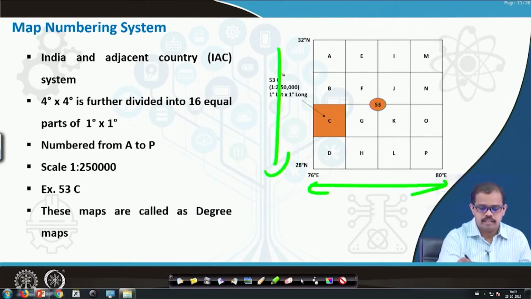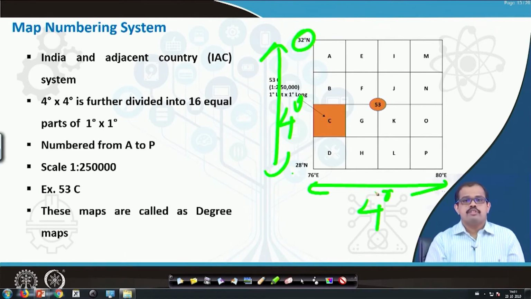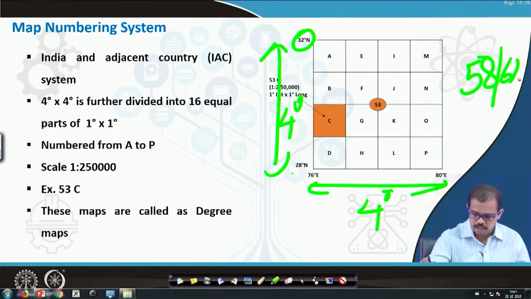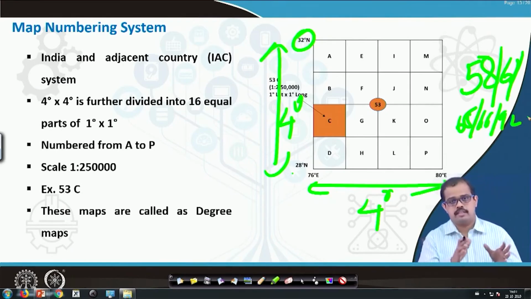If you look at it, an example given here is 28 to 32 is a 4 degree map, and this is a 4 degree map. So that is nothing but a 1:1 million map. So that is represented by a number 58 or 61 or 65, 66, 92, whichever map, whichever state of India or city of India you are looking at.